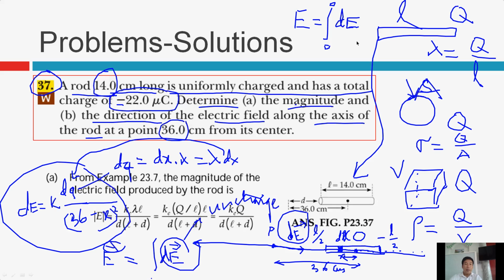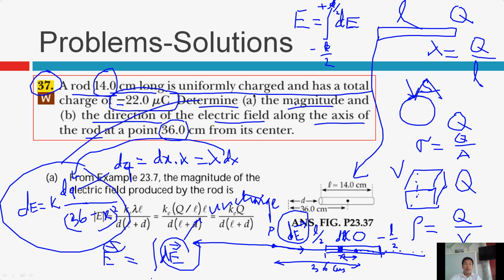And you substitute dQ here, and remember that in the axis here, x can go from here to here, so its coordinate is from minus L/2 to plus L/2.